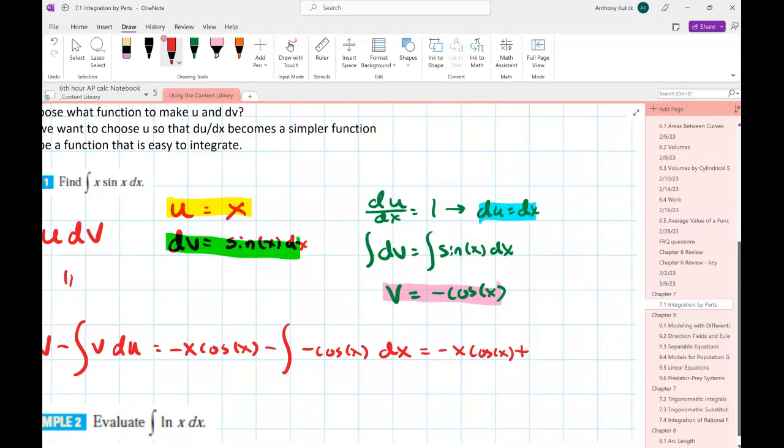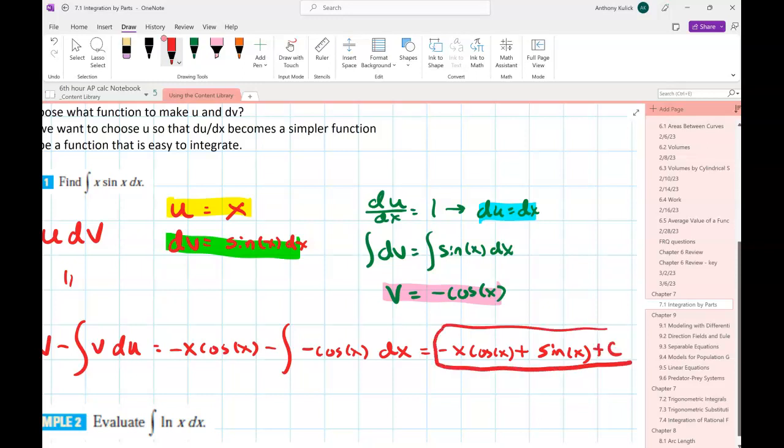So I made that a plus because it's negative and negative, right? So the antiderivative of cosine is sine. Am I done? Plus c.